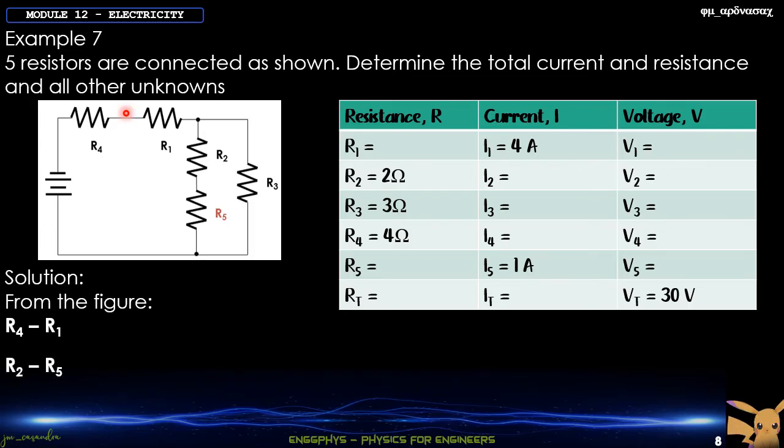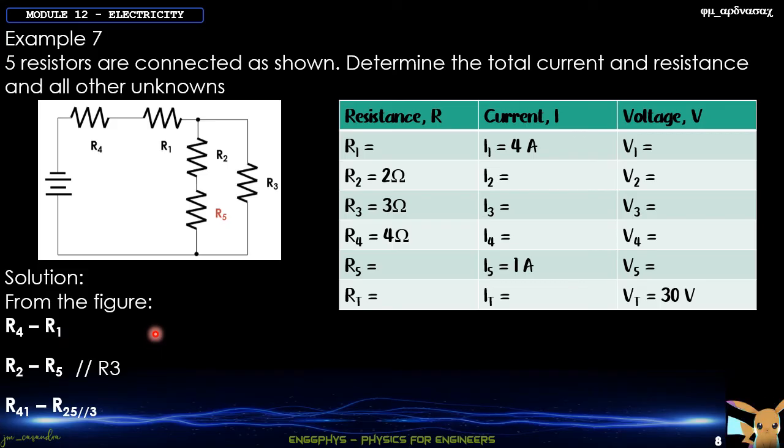And that the connection of R2 and R5, when we combine it, will now be in parallel with R3. And once we have combined R2 and R5 and R3, it will now be in series with the combination of R4 and R1.